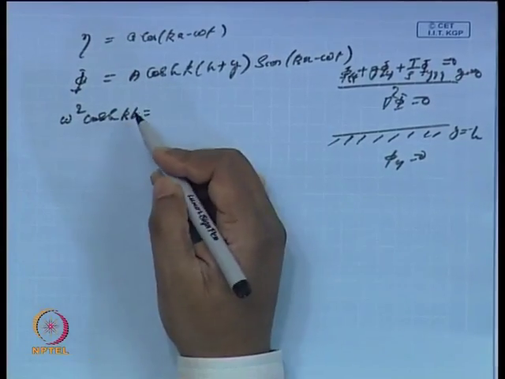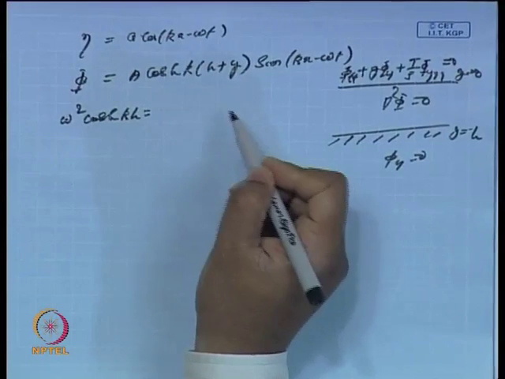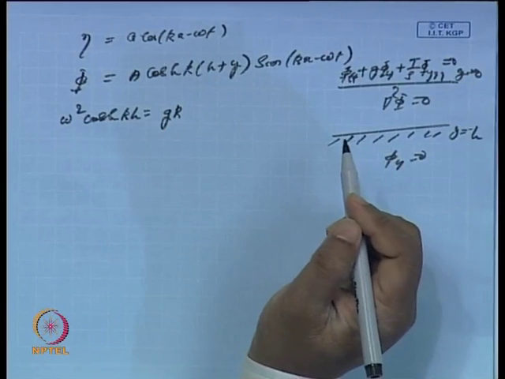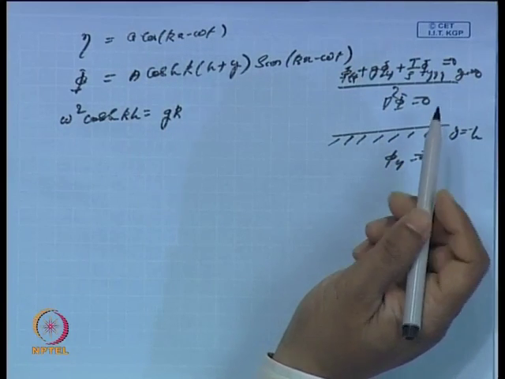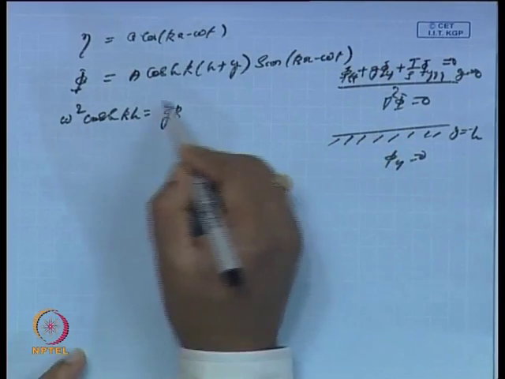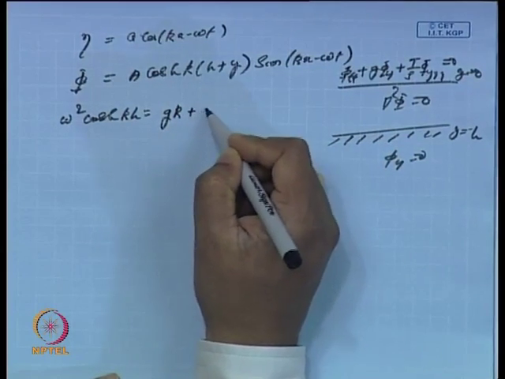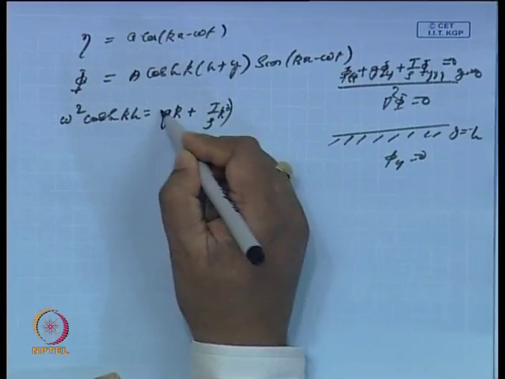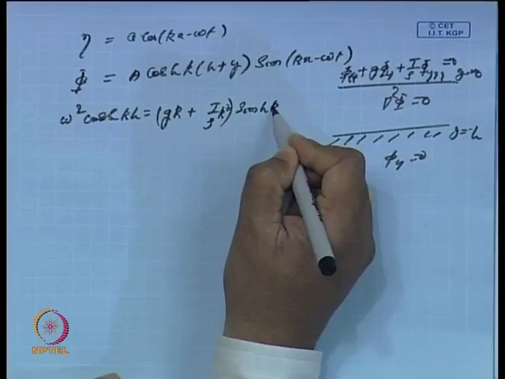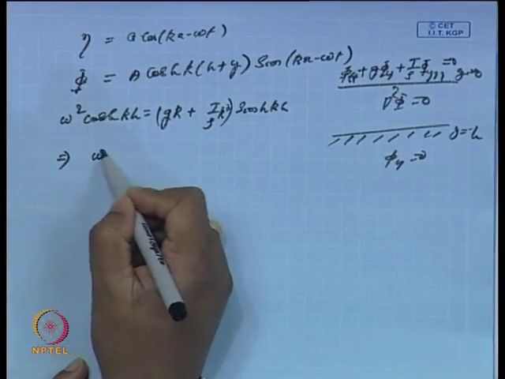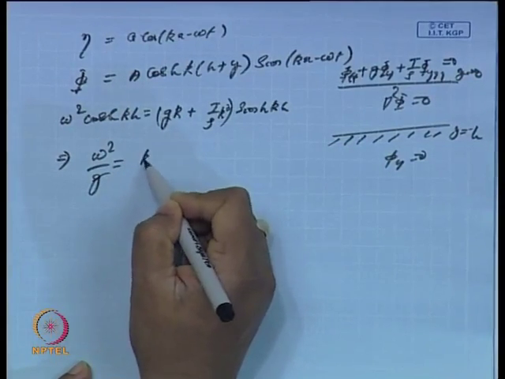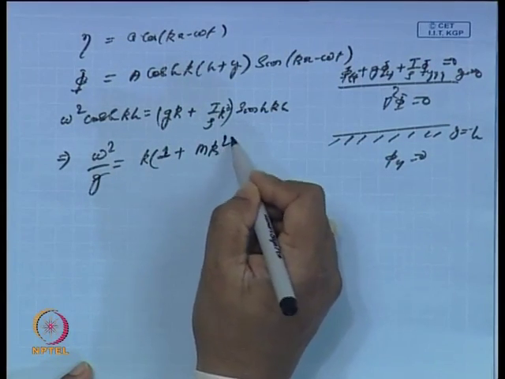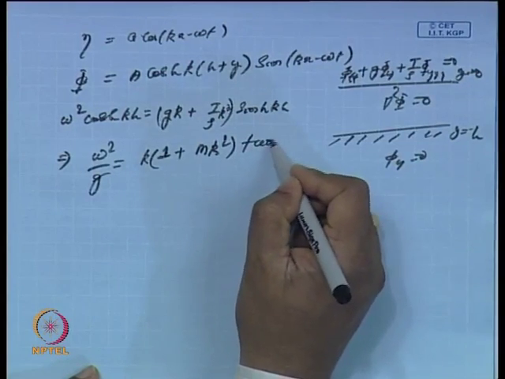If I bring this g phi y, it gives g k, plus T by rho k cube, times sinh kh, which is the same as omega square by g is equal to k into 1 plus m k square, tanh kh.